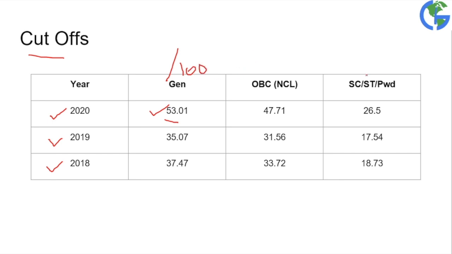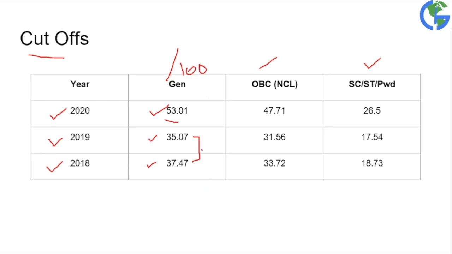But you see in 2019 and 2018 it was very close and somewhere near around 35, right? And if you check the previous year cutoffs as well, 2017-16, the cutoff was about 35-37 marks only for general, right? So obviously OBC and reserved categories will be lower than that. I'm just talking about general here.